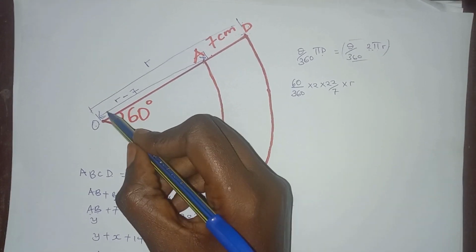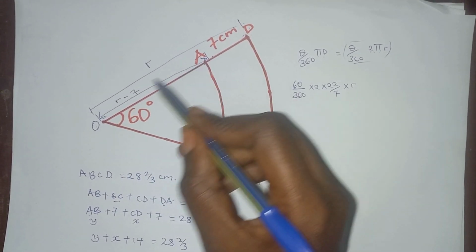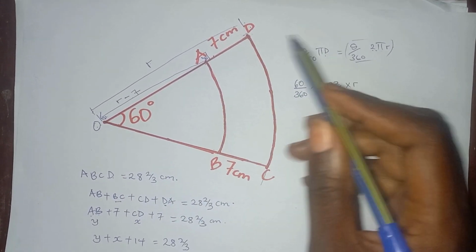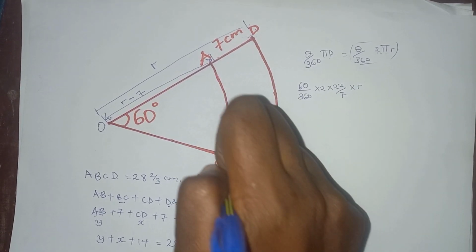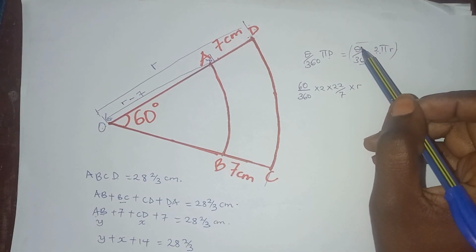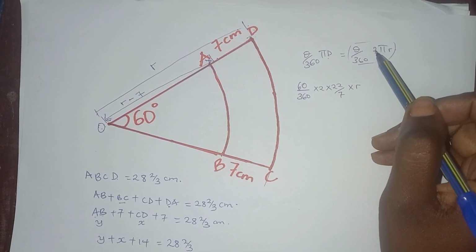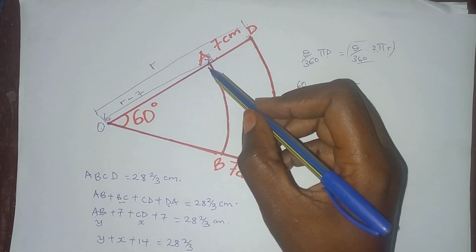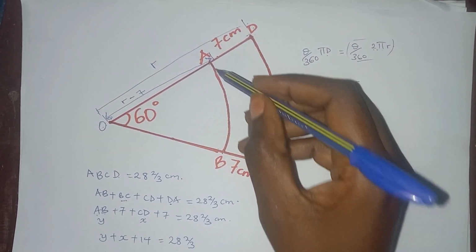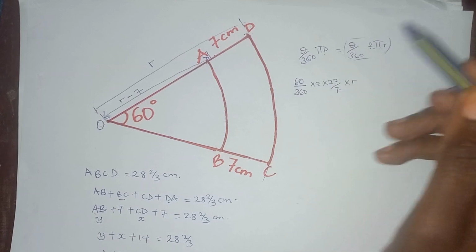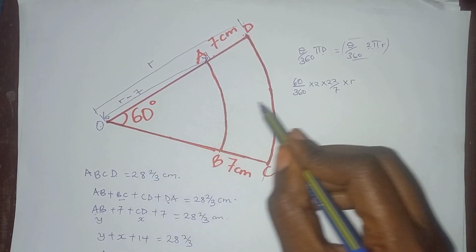So once we have this, when we use this formula, theta over 360 2 pi r, we'll get the length of the arc. So the length of this arc here, we'll calculate it.